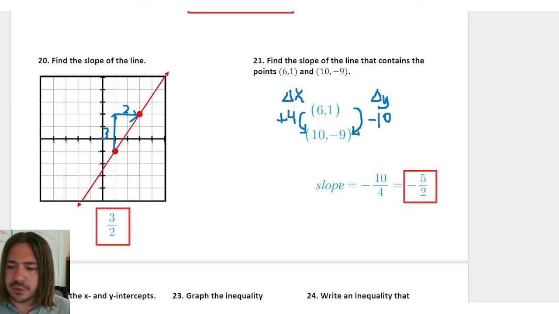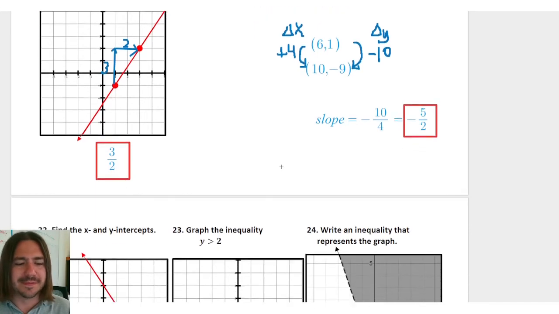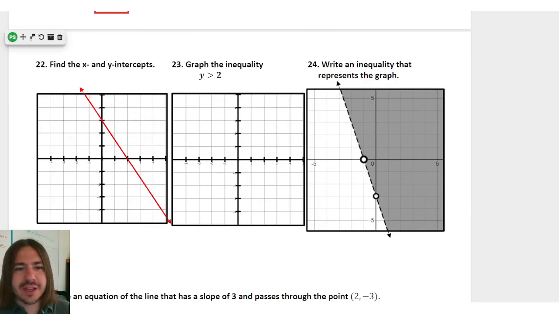So let's move on to number 22, where we're looking for x and y intercepts. So the x-intercept is where the graph crosses the x-axis. So we're going to report back this coordinate right here for the x-intercept. And then the y-intercept is going to be up here.